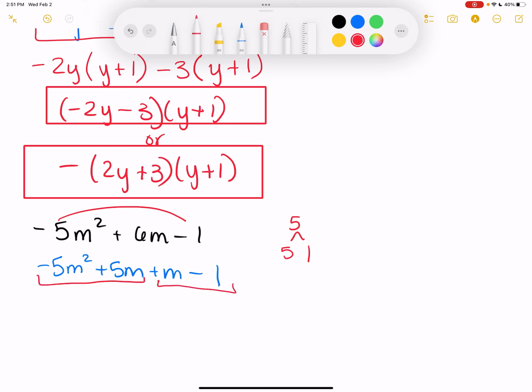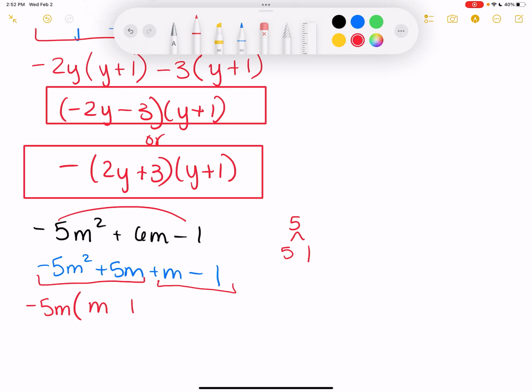Grouping. And remember, I've got to make one look like the other. So, what should I take out of this one? Negative 5m. So, what does that leave you with? 5m divided by negative 5m is what? 1, and what sign is going with it?